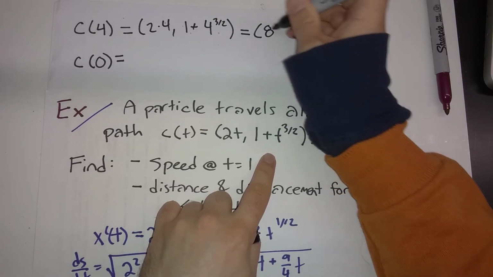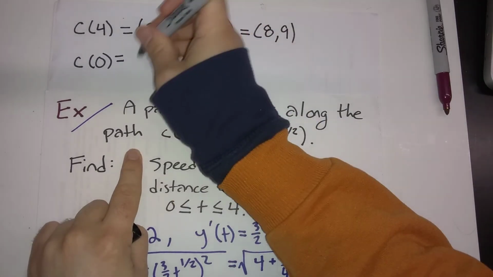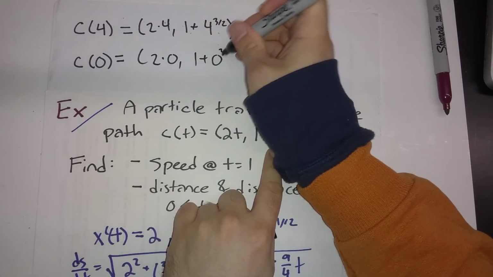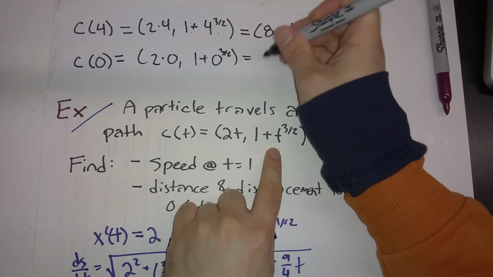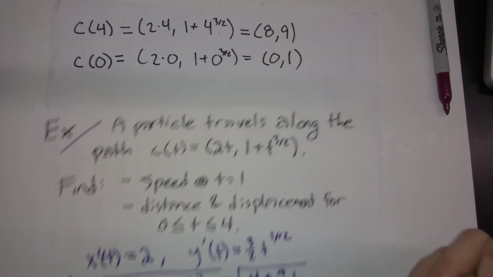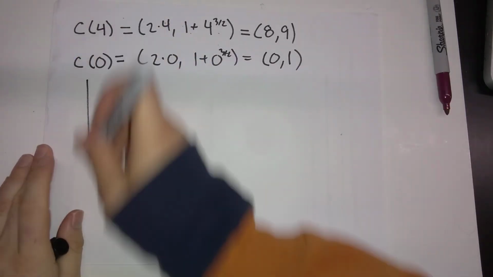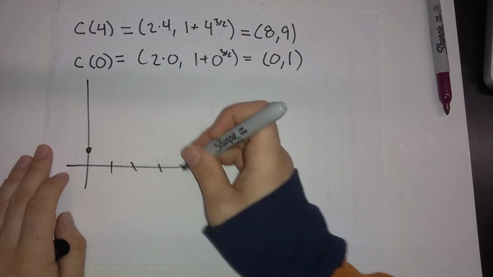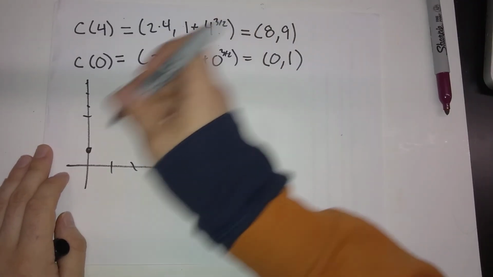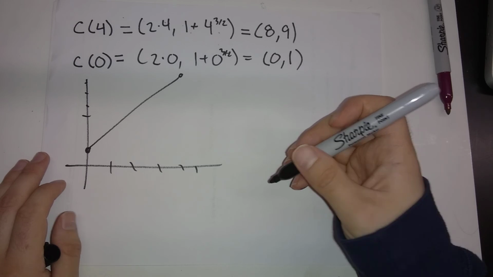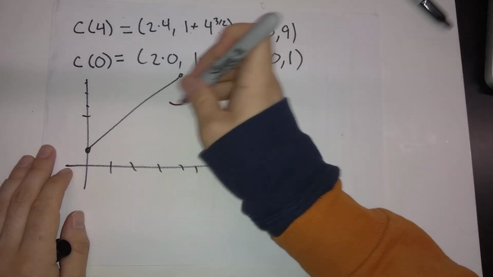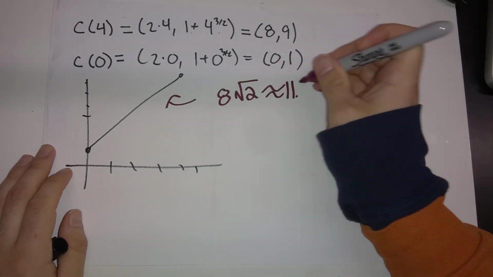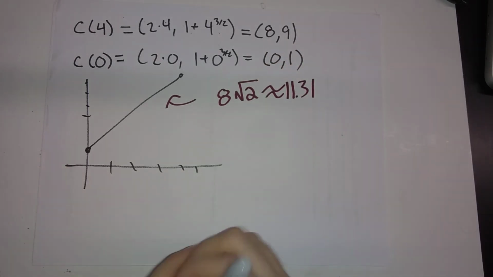This is 8, 9. c of 0 is 2 times 0, 1 plus 0 to the 3/2, which is 0, 1. Find the distance between these two points, and this distance ends up being 8 square root 2, which is about 11.31.